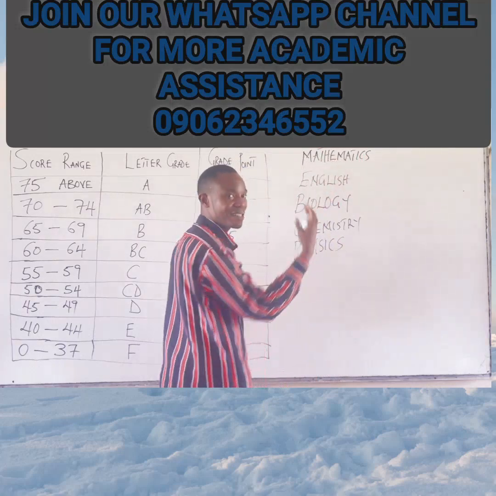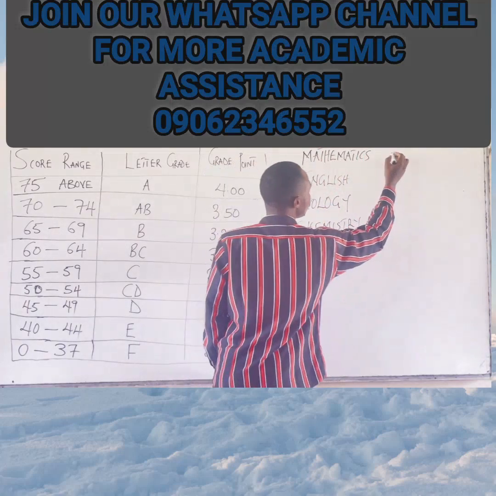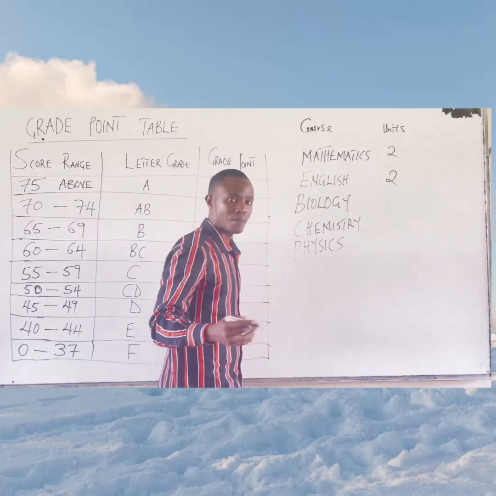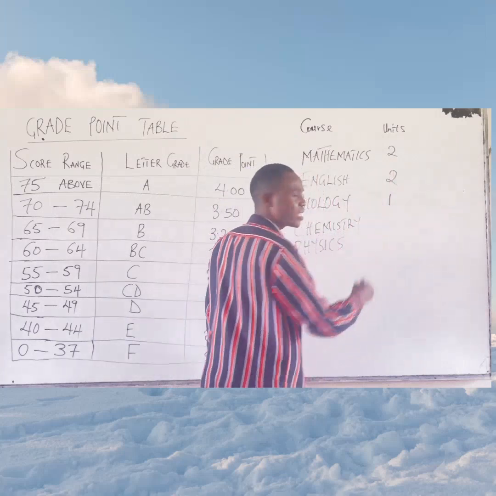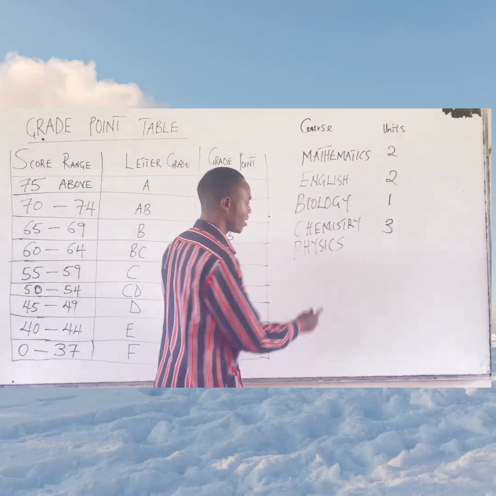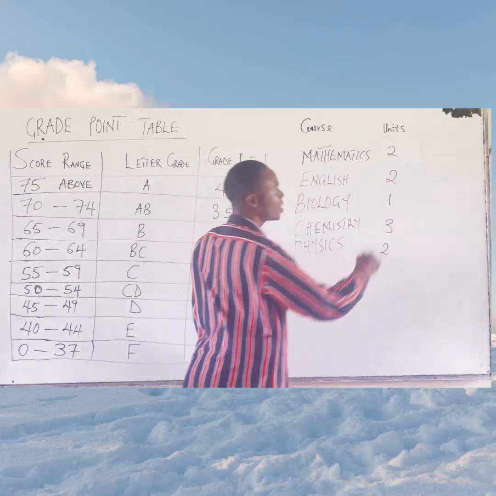Let's say for mathematics it is 2 units, English 2 units, biology 1 unit, chemistry 3 units, physics 2 units.